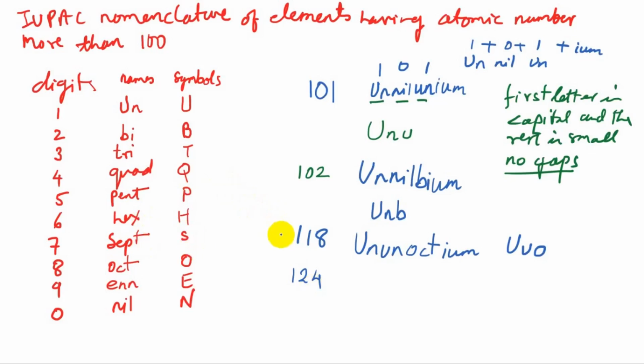Whenever it is 1, I'll write down UN. And then 2. 2 means BI. And then 4. 4 means QUAD. Isn't it? And then IUM. Symbol UBQ.